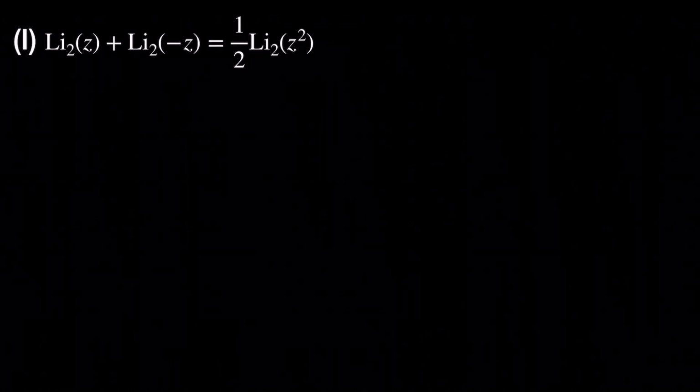The identity we're going to prove is Li2 of z plus Li2 of negative z equals 1/2 of Li2 of z squared.